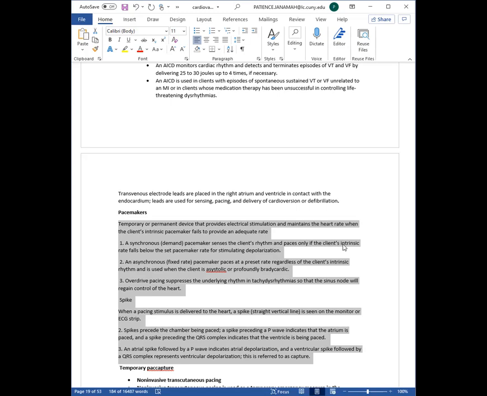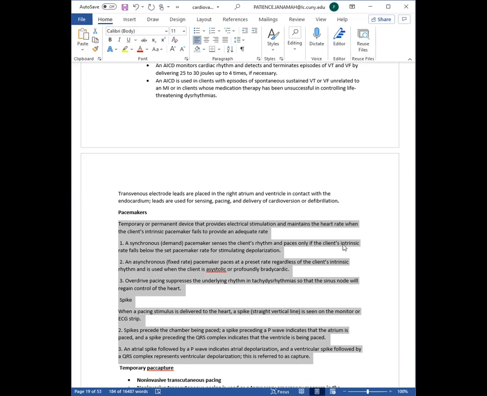It works on demand, and it gives pacing when the client's intrinsic rate, the naturally inbuilt pacemaker system of the patient, falls below the normal rate. If the heartbeat is not able to get to a normal level, it will push it to stay at the normal level.